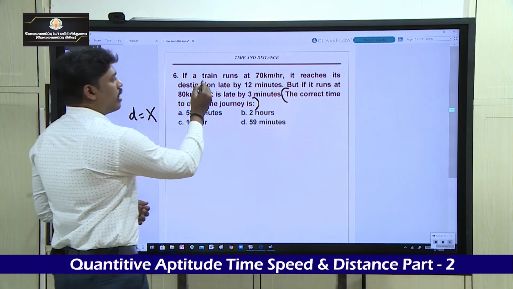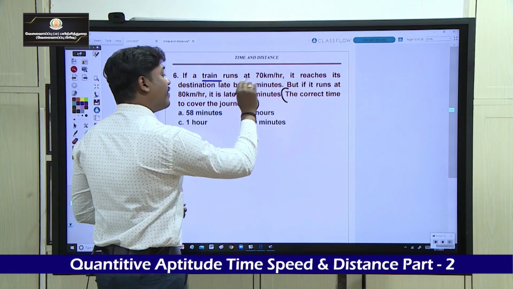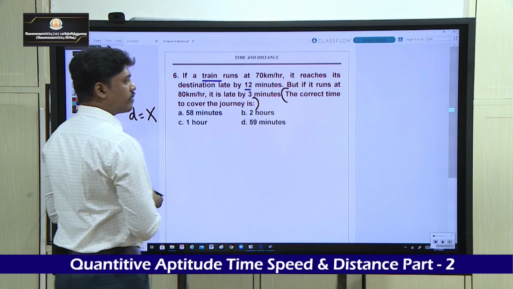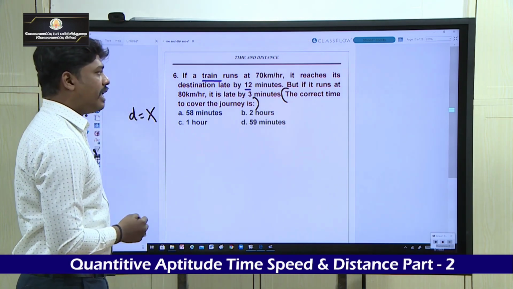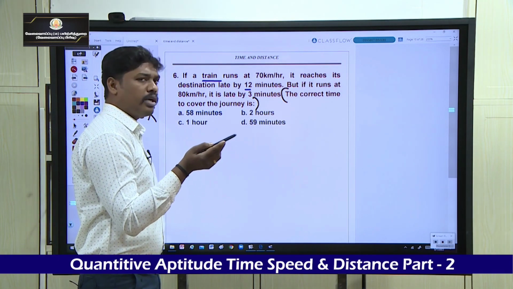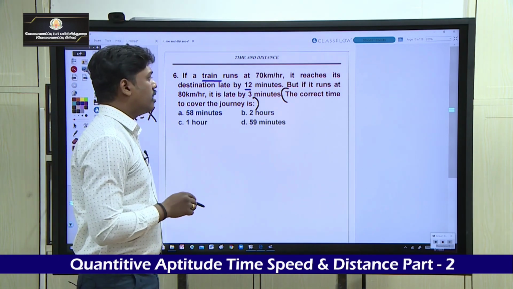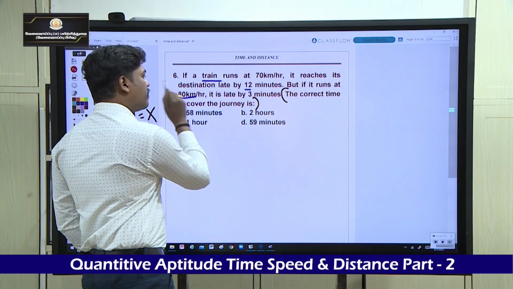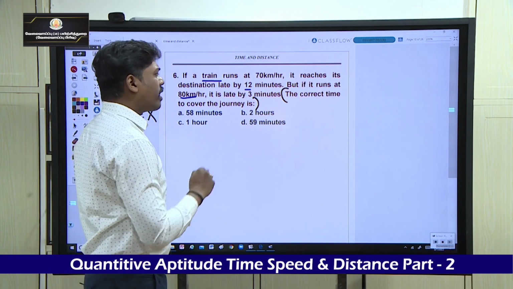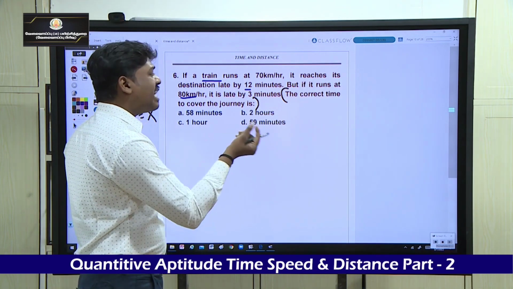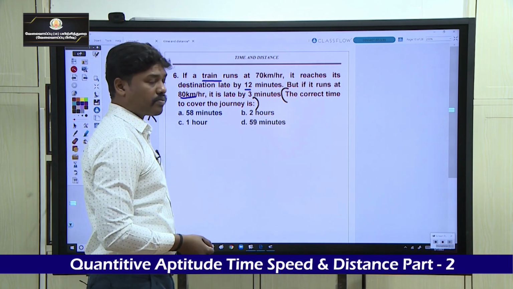Look at here, if a train runs at 70 km per hour, it reaches late by 12 minutes. If it is running at 70 km per hour, it reaches the destination 12 minutes late. But if it runs at 80 km per hour, it is late only by 3 minutes. So what is the correct time to cover the journey?